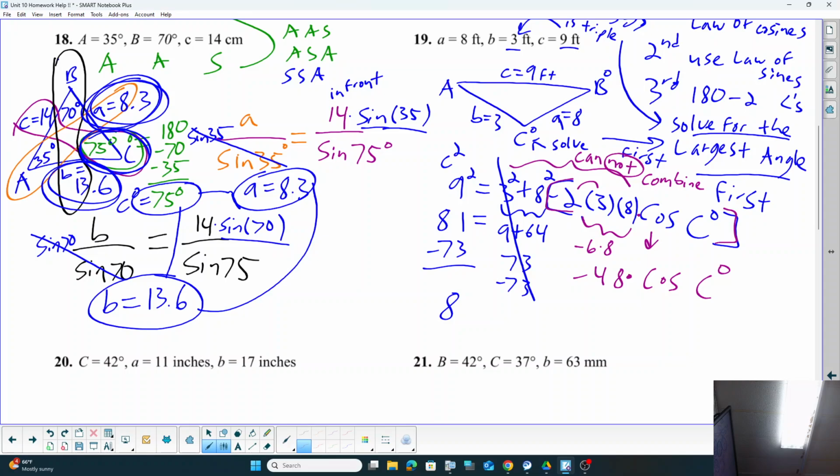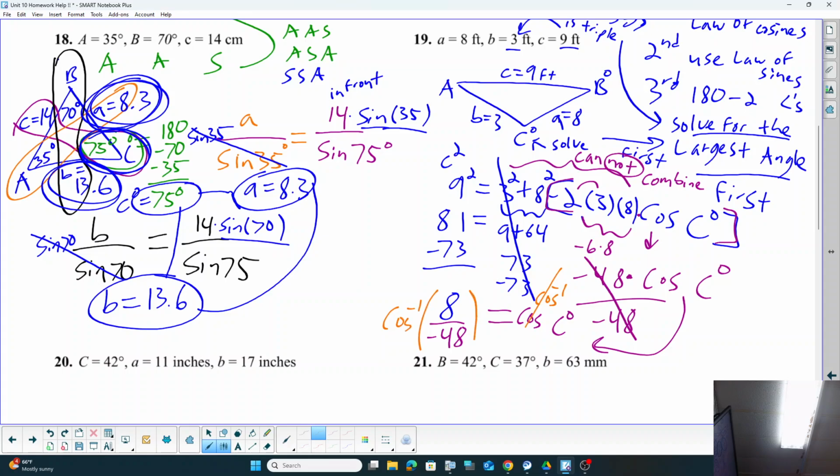Okay, so the reason why is because now we have to divide the negative 48 over to the other side. So that's going to be equals whatever's left, the cosine C. And now, how do we undo cosine? To the other side, we're going to inverse cosine. And if you do it to one side, you have to do it to the other side.